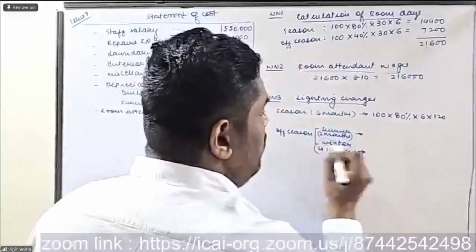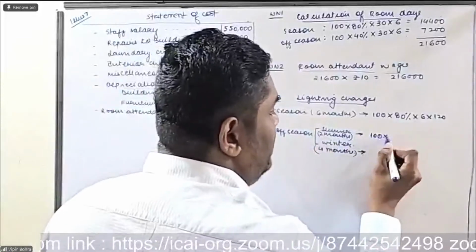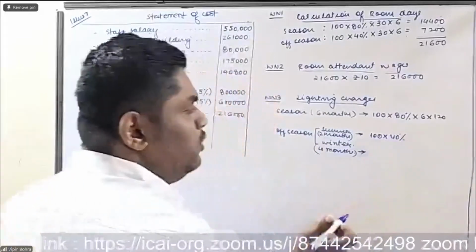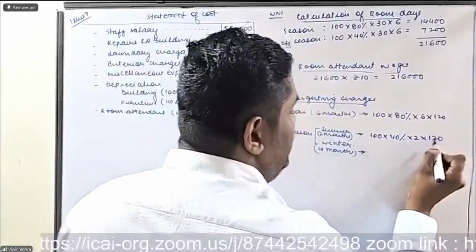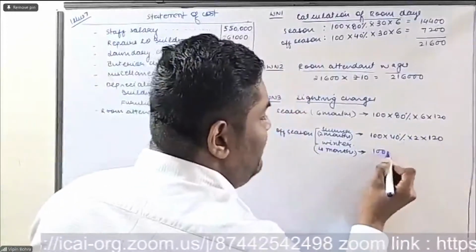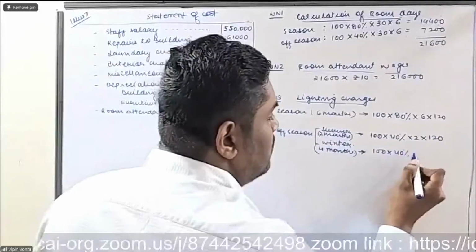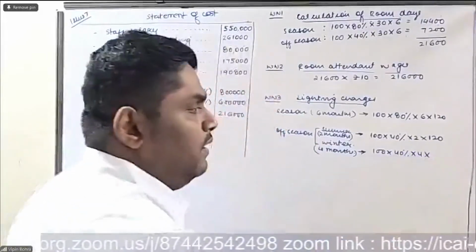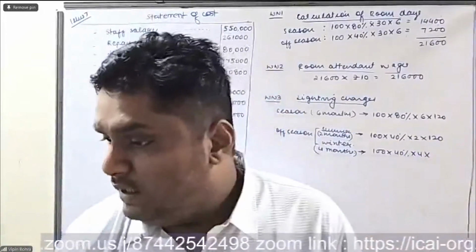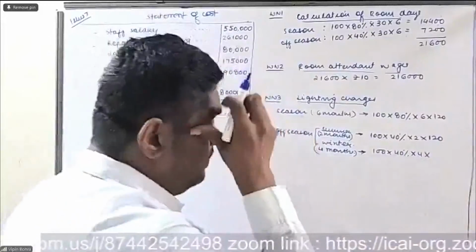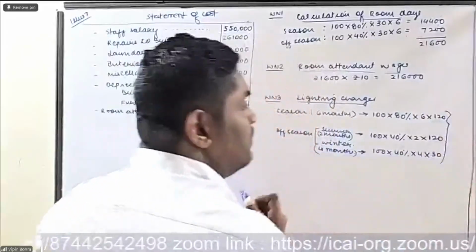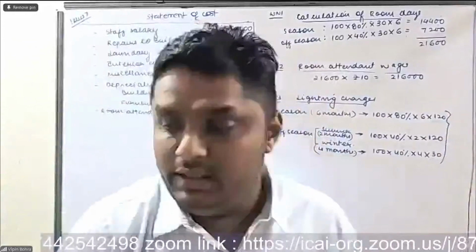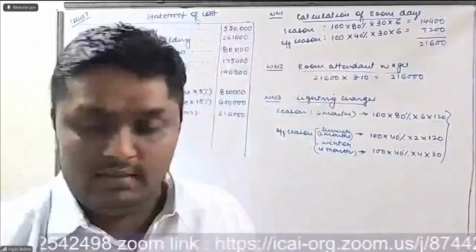Similarly, for off season also, 100 into 40% is the only occupancy. For 2 months, it is 120 in off season. And for remaining 4 months, it is rupees 30 per room. So now let's calculate the total amount for the lighting charges.